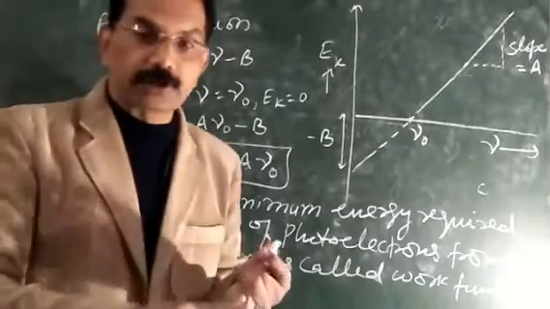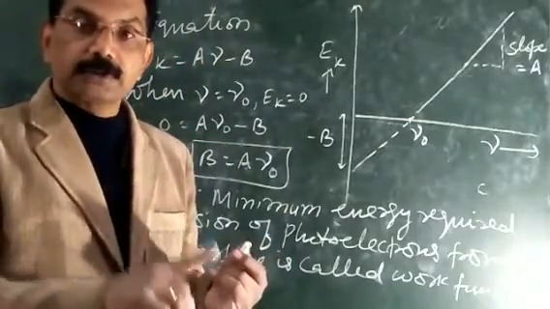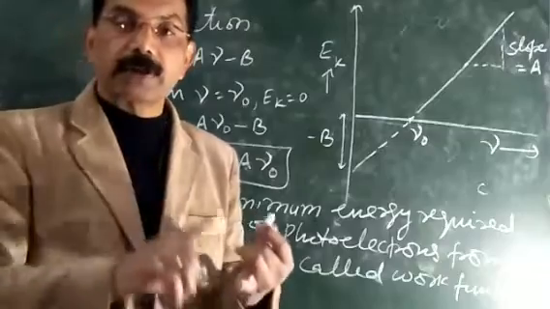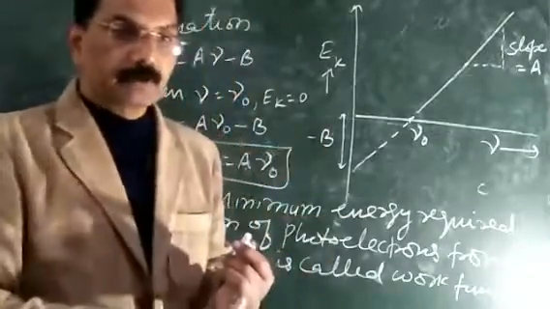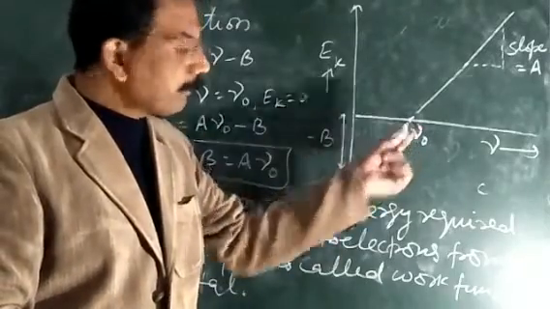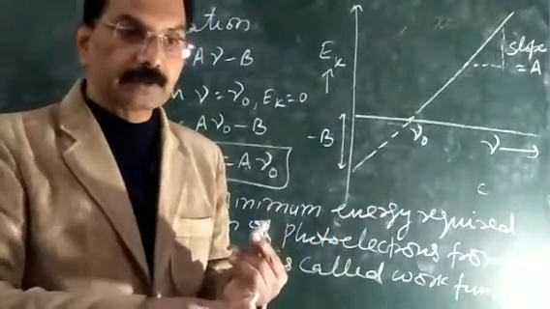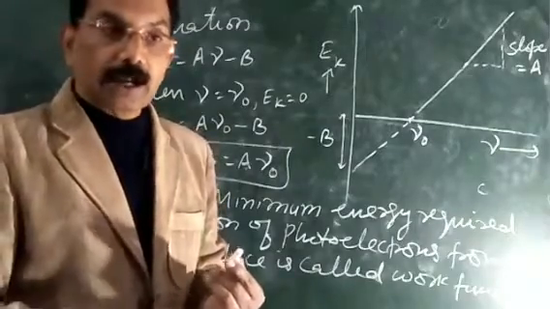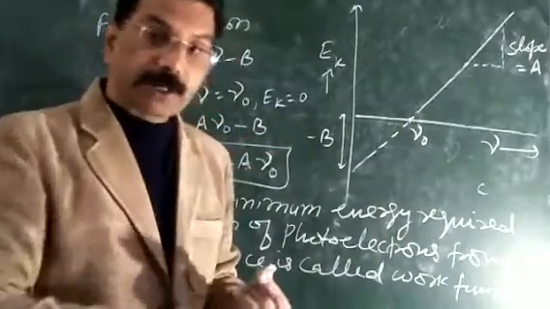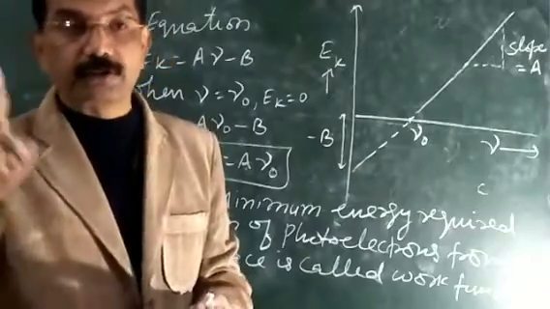And here I want to clear up one more thing. Generally, several times it is asked in the board exam to define the threshold wavelength. So threshold frequency is what here? The minimum frequency of light required for the emission of the photoelectron from a metal surface. And threshold wavelength is what here? Maximum wavelength.